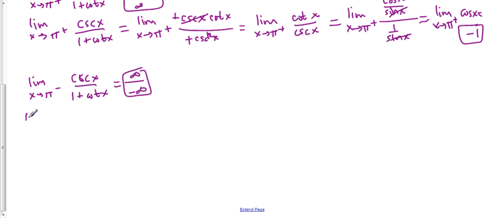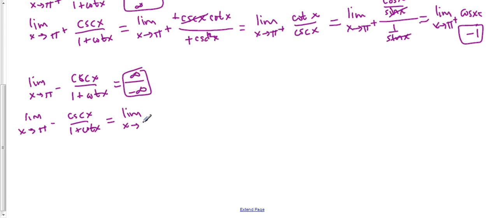So I'm just going to start again, and I'm going to have the limit as x goes to pi from the negative direction of cosecant x over 1 plus cotangent x. And I'm going to take the derivative when I apply L'Hopital's rule.